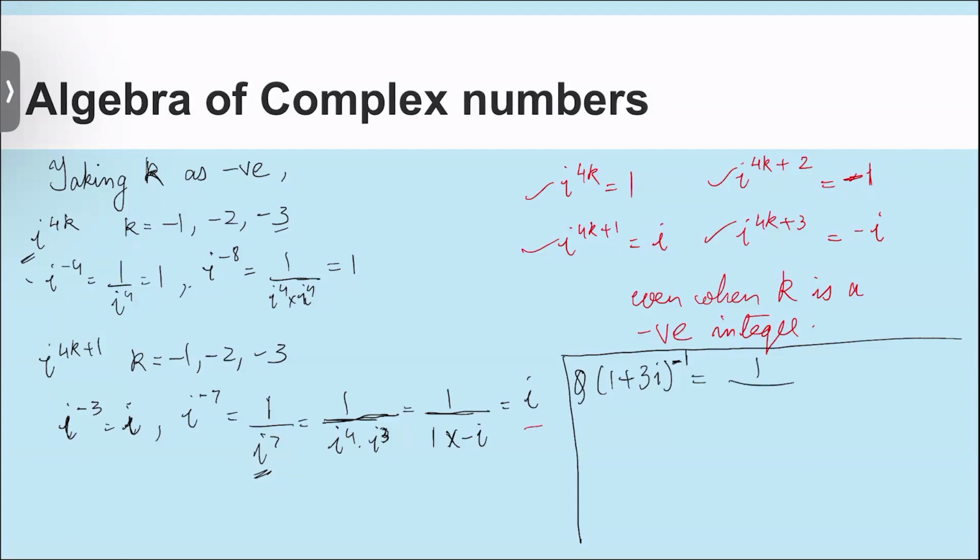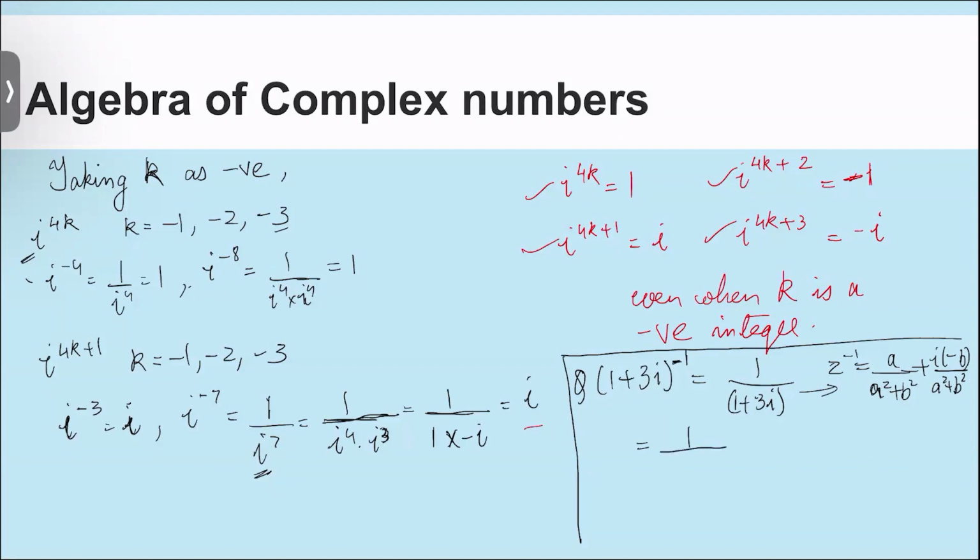So you can write this as 1 upon 1 plus 3i. If you remember, any multiplicative inverse can be written in the form a upon a square plus b square plus i times minus b upon a square plus b square. If you write it in this form, A is 1 and B is 3.